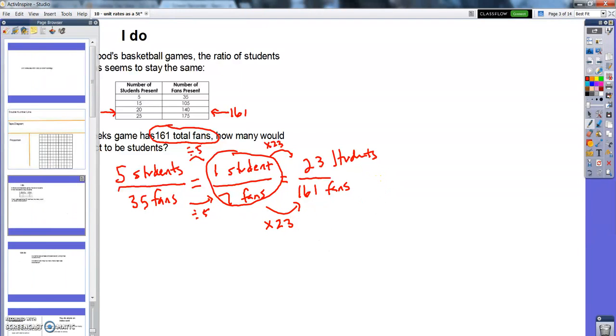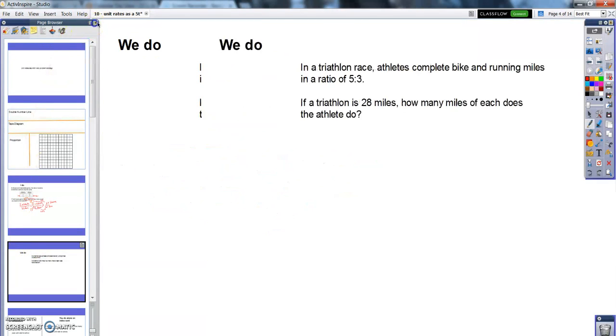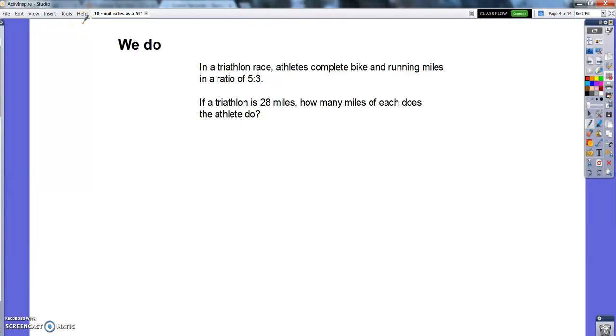Let's do one together. All right, another problem you have done. In a triathlon race, athletes complete bike and running miles in a ratio of 5-to-3. If a triathlon is 28 miles, how many miles of each does the athlete do?